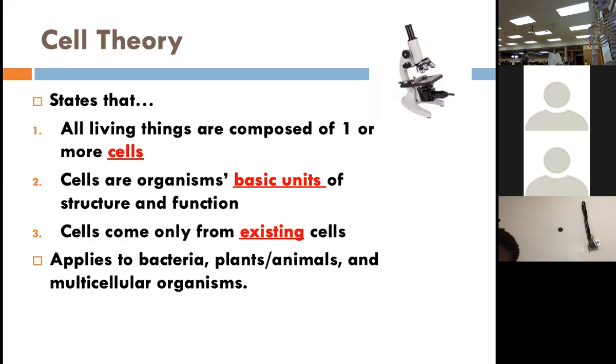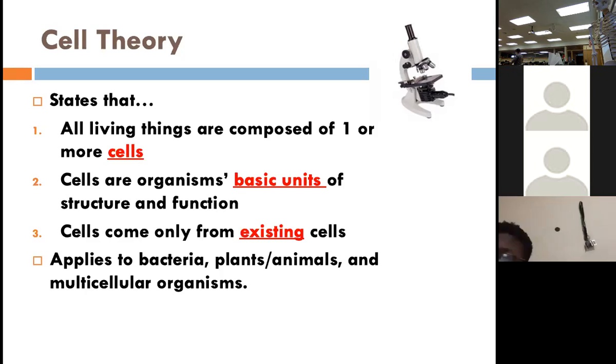Does that make sense? And then last, all cells come from existing cells. So living things don't just appear out of nothing, out of nowhere. Anything that is alive today came from something else that was also alive. Okay? So if a bacteria is on this desk, it came from another bacteria.